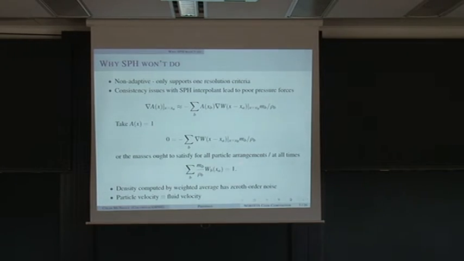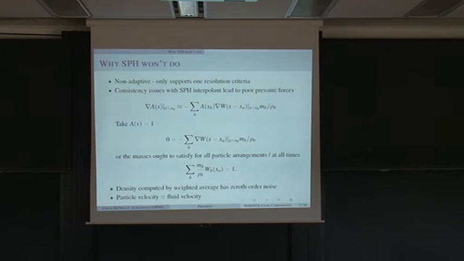It comes down to the relation between the particle masses and the densities. There is a relation they need to satisfy. I think this is pretty much what Julius was talking about when he said a very regular distribution of particles is necessary in SPH. There are only certain particle arrangements which really satisfy this zeroth order consistency relation.